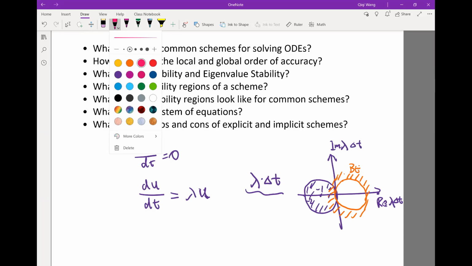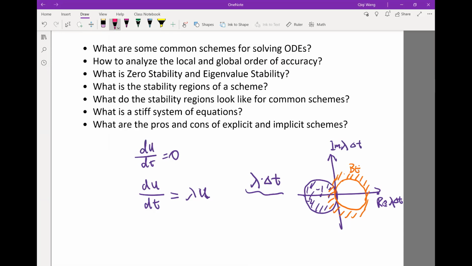Some other schemes you should look up: the midpoint is going to be strictly on the imaginary axis. The trapezoidal rule is the entire left-hand side, including everything that is stable for the original ODE, and not including anything that is unstable for the analytical ODE.